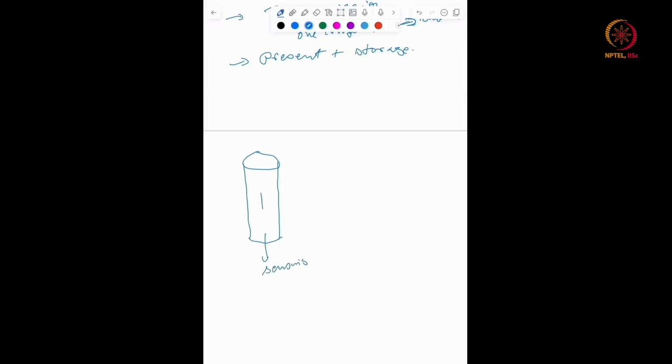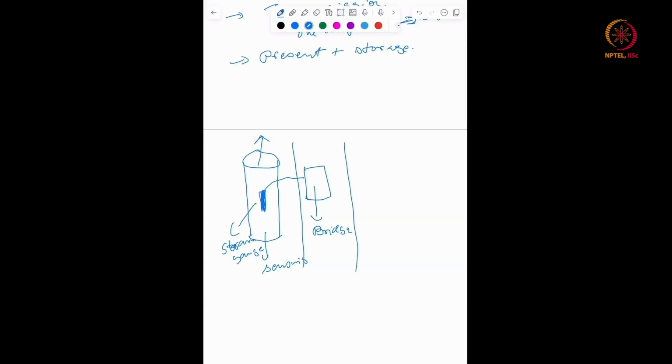This is a strain gauge that is put on a cylinder, for example, and the cylinder is undergoing some kind of a tensile loading in this case. So this is a strain gauge. The same example happens everywhere. It is connected now to a bridge. So this is your conversion part.